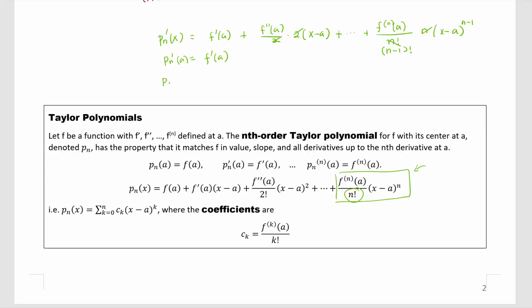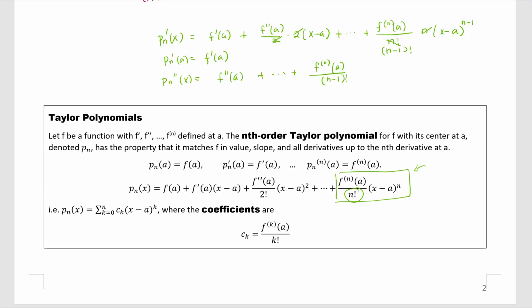And then you continue to take the second derivative. The first constant term is gone. And then this one, you get f double prime of a. And then derivative of x minus a is 1. And then plus the higher terms. The last term is the nth derivative of a over n minus 1 factorial.